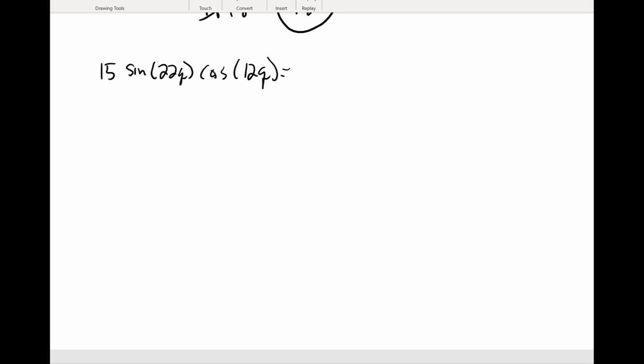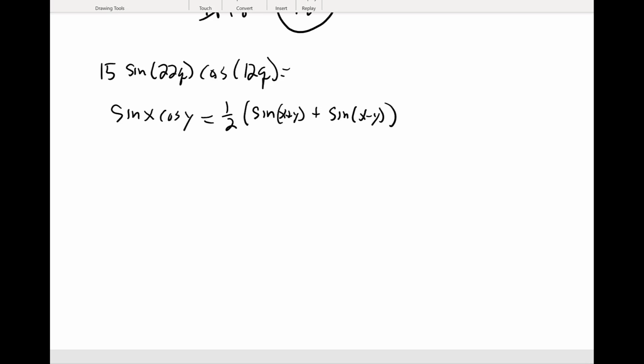And our formula for that, so it's a sine times a cosine. When we have a sine of x times a cosine of y, we saw this earlier, it's going to be 1/2 times sine of x plus y plus sine of x minus y.